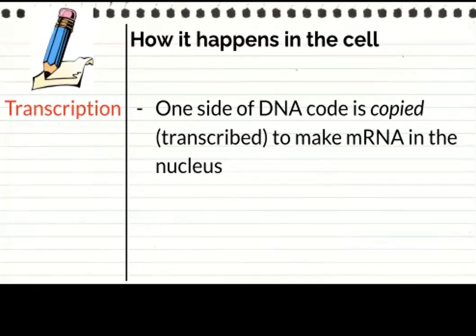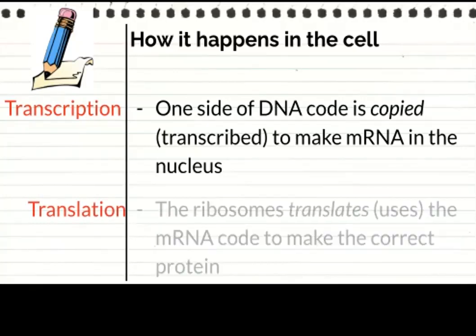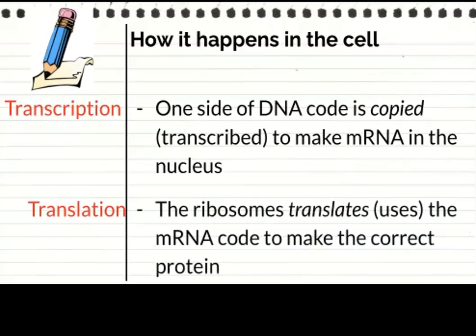So in order for us to get the information from DNA out, we need to make this small RNA strand. It's really small. It's not even a full double helix, right? It's a single helix. And it's going to be super short because it's only for the trait you want. And now that messenger RNA can leave the nucleus, and it's going to be translated now. So translation is when the ribosome translates or uses that code to make the protein you want.